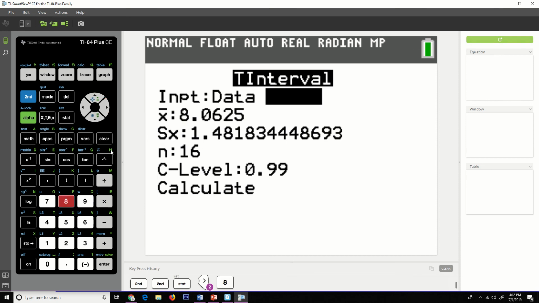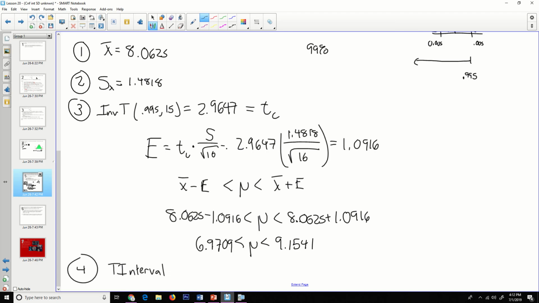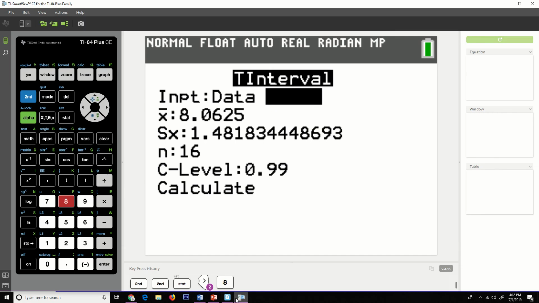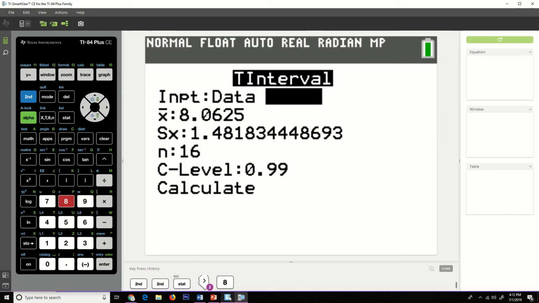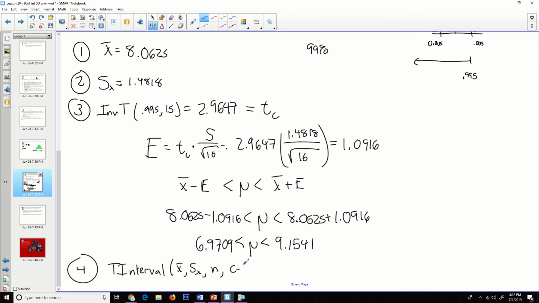So number 8, we need it to be x bar, s sub x, and then n sample size, and then C level to plug in, and we get that value.